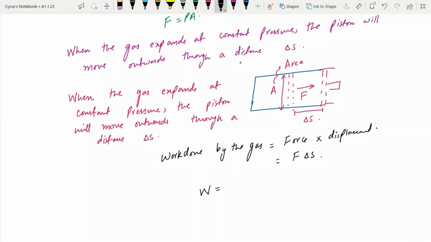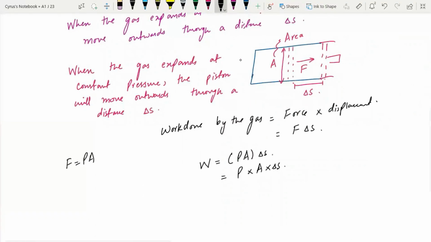force into displacement. I wrote above that F is equal to PA. I can write here PA into delta S. And this becomes P into A into delta S. P is pressure, A is area, delta S is the displacement. What is area into displacement? If you multiply area by displacement, what is that? Volume. We can write here P into delta V. Delta V is the volume.